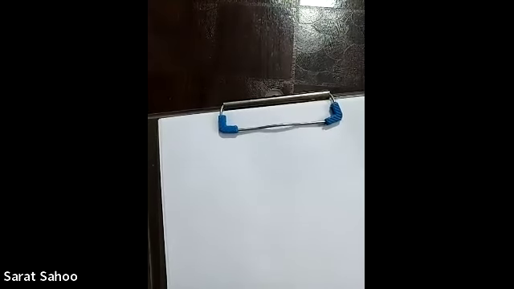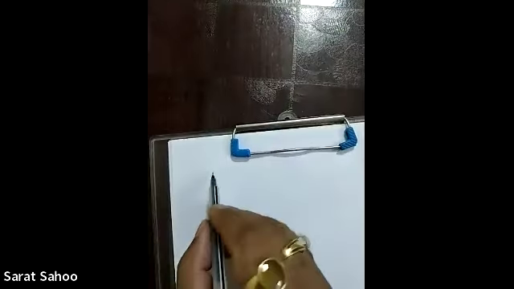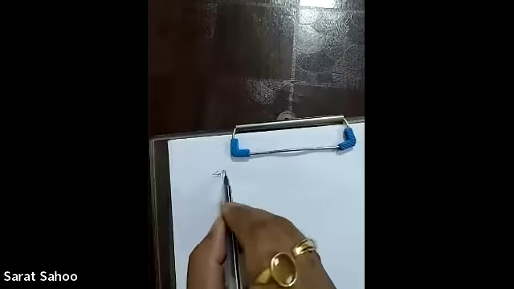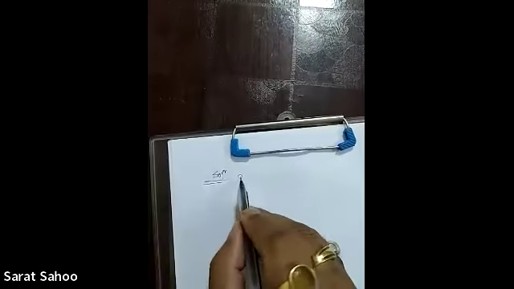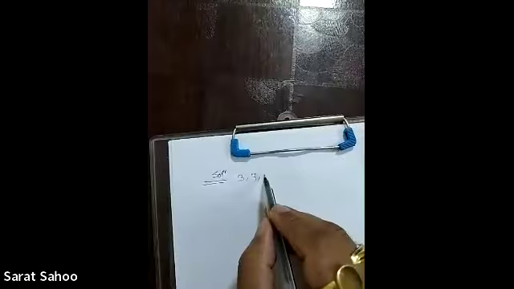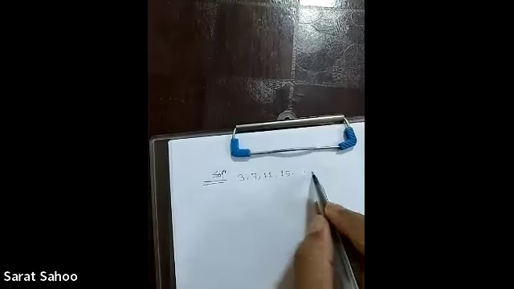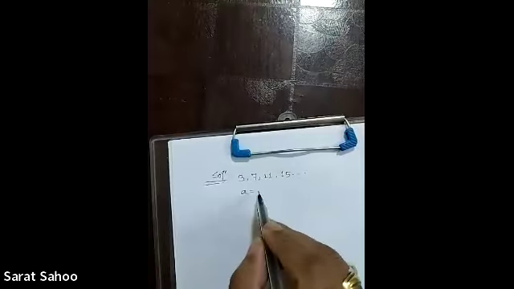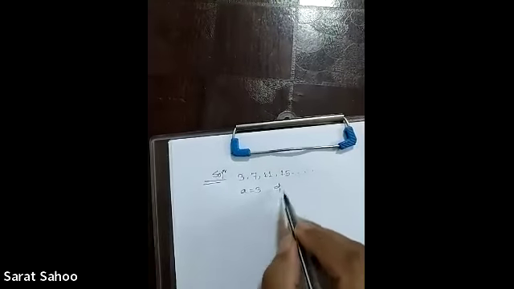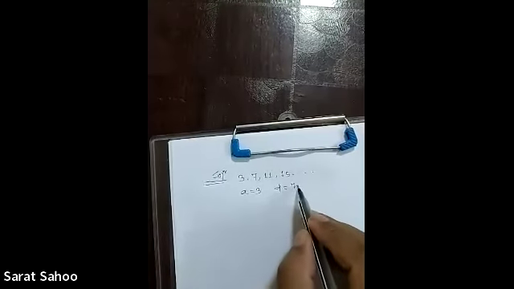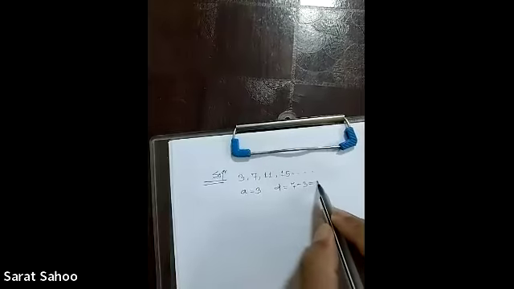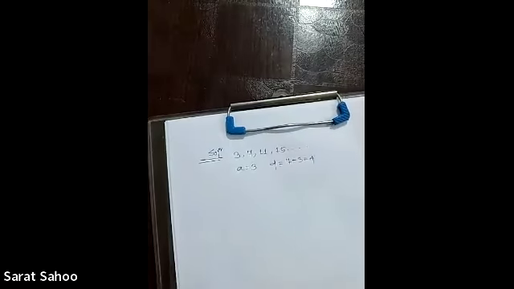The sequence was 3, 7, 11, 15. Here the first term A is equal to 3. Common difference D is equal to 7 minus 3, which is equal to 4.